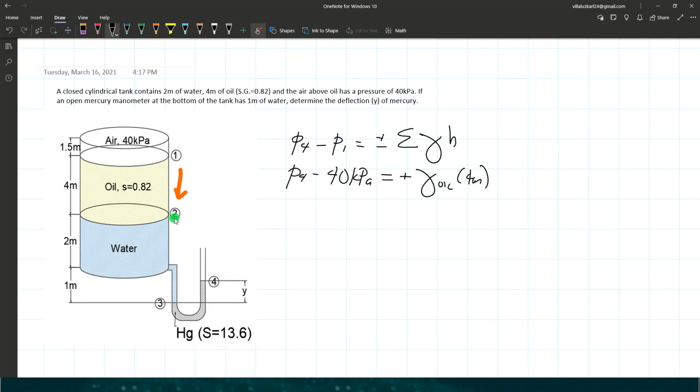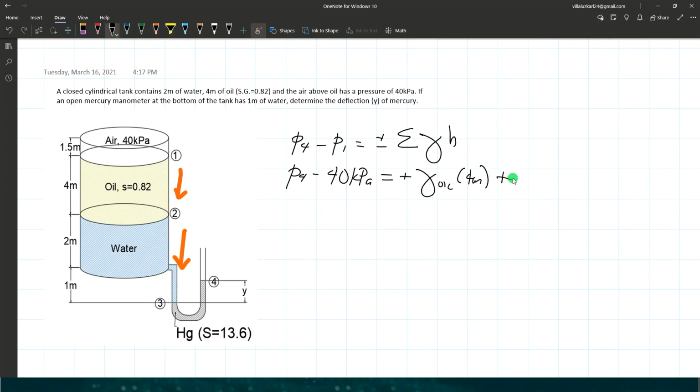Then the next liquid that we have is water. So it started from point 2 and ended at point 3. So from the bottom of the tank, it extended to the manometer by 1 meter. So also it is going downward.